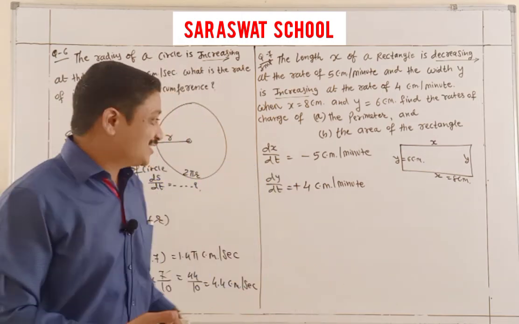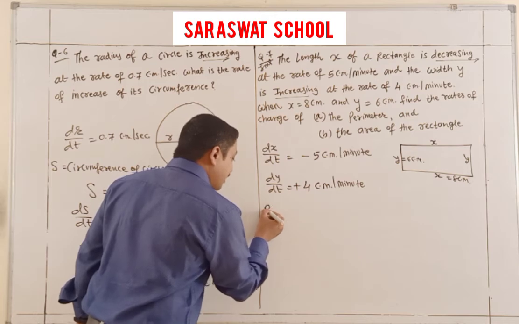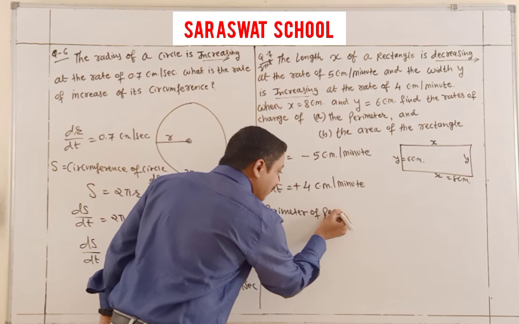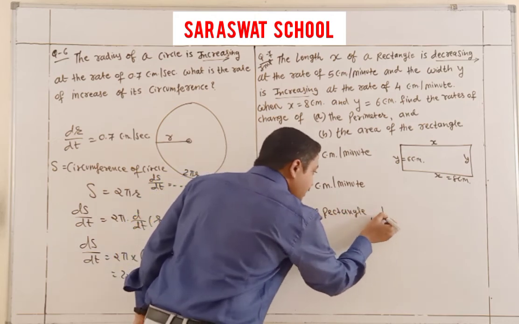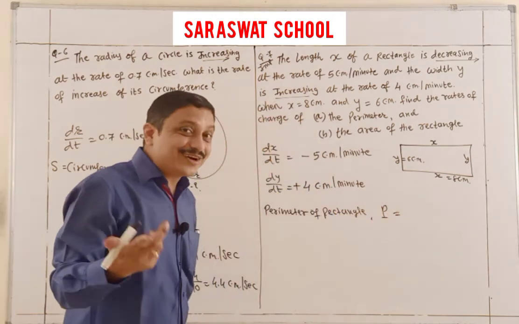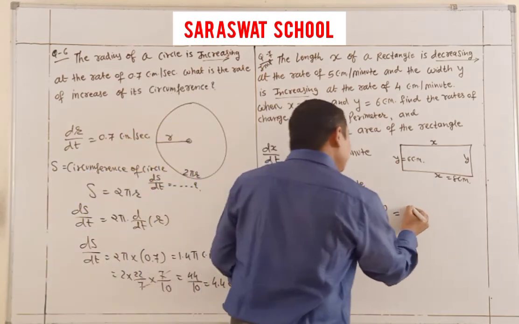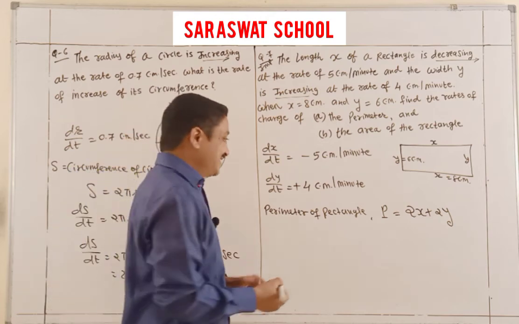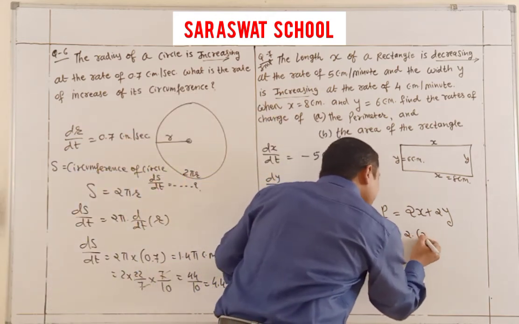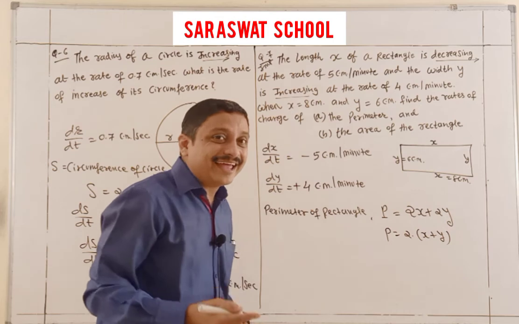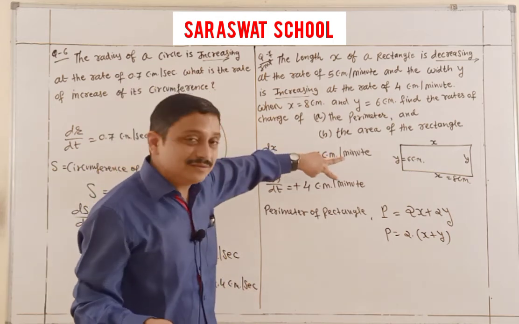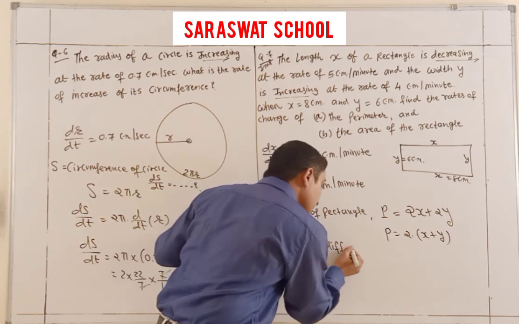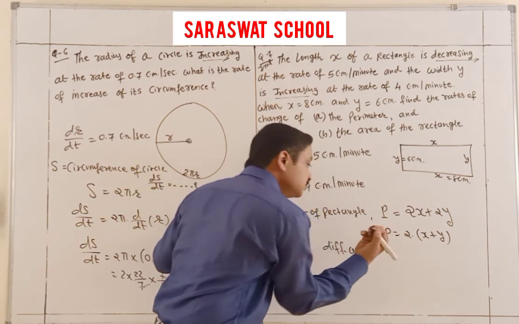So very easy, students. First I take the perimeter of the rectangle, called P. You know students, what is the perimeter? Easy. 2 times x, 2 times y. Yes, 2 common, x plus y. And take the derivative with respect to time t.